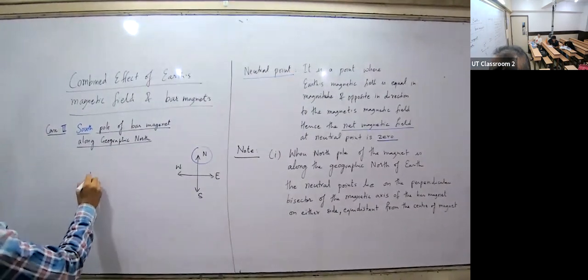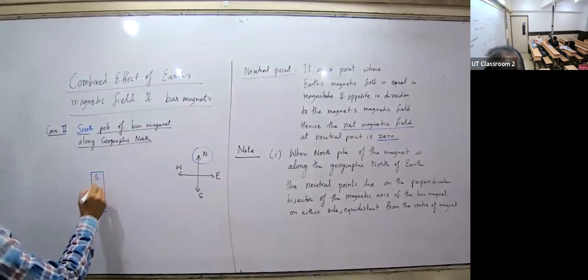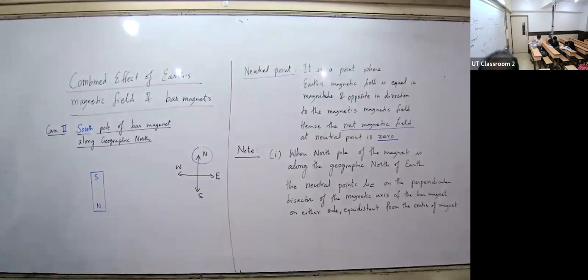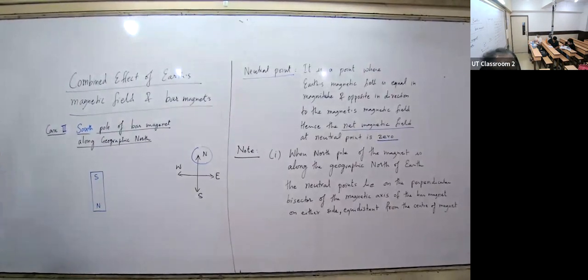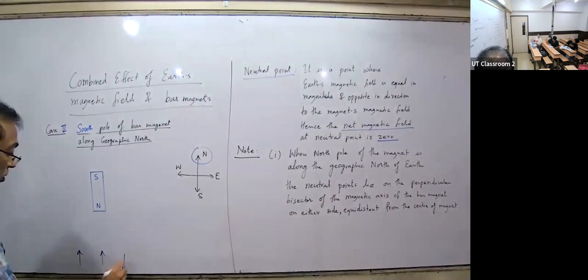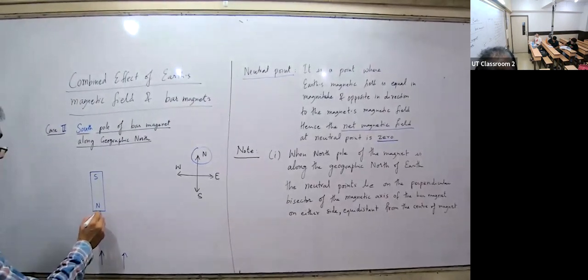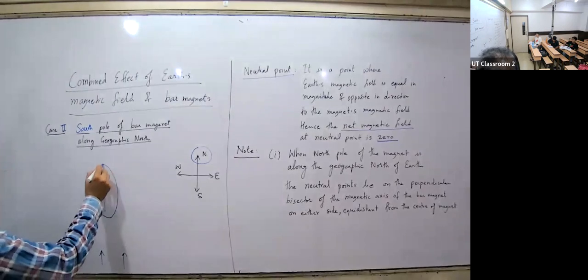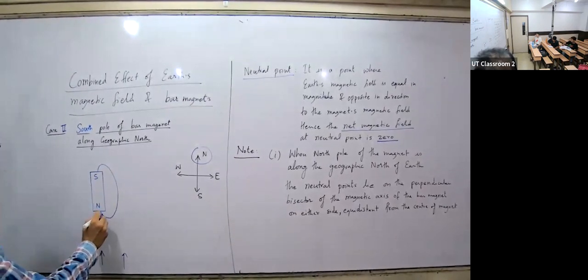So we have the south pole along geographic north. Now remember, Earth's magnetic field is in upward direction only, everywhere. So here the field should come like this, isn't it? So it is coming out.